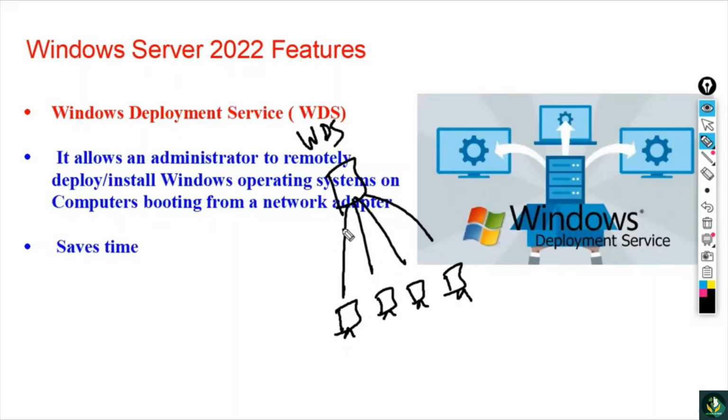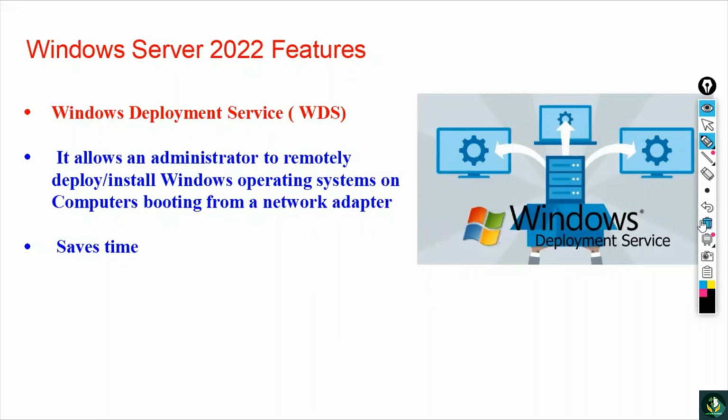When you connect any PC, this WDS will install the operating system on all the computers automatically. It allows the administrator to remotely deploy and install the Windows operating system on computers booting from the network adapter, which saves your time.